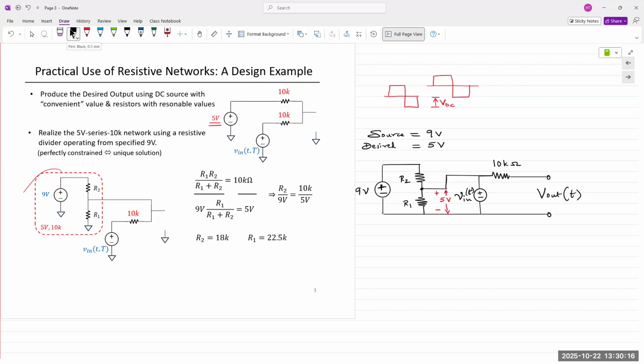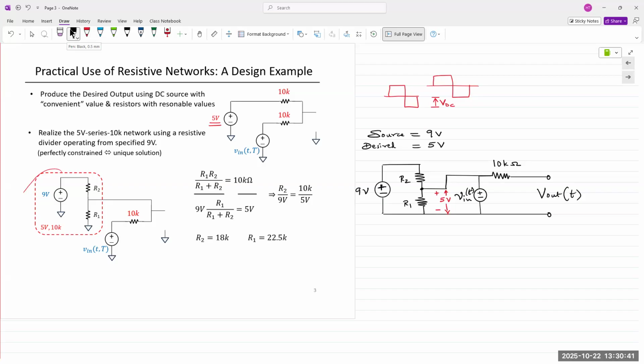Well, Thevenin and Norton equivalent circuits. We want a desired voltage source. We want 5 volts as our output, right? So that's our Thevenin voltage. 5 volts is our desired Thevenin voltage, and 10 kilo ohms is our desired Thevenin resistance.